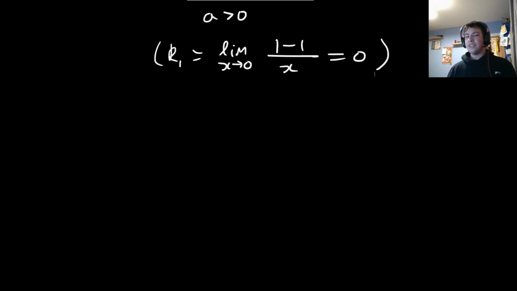Okay, so now we're going to look at some properties of Ka. We've already shown that Ka is minus K1 over A, and K1 is 0.